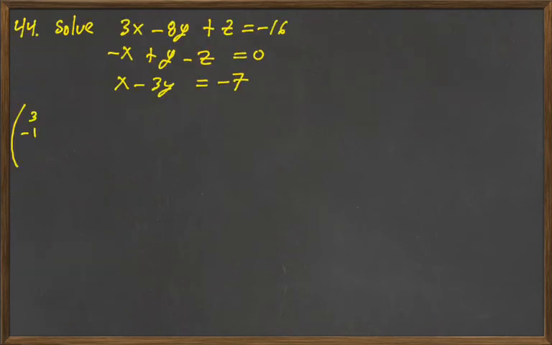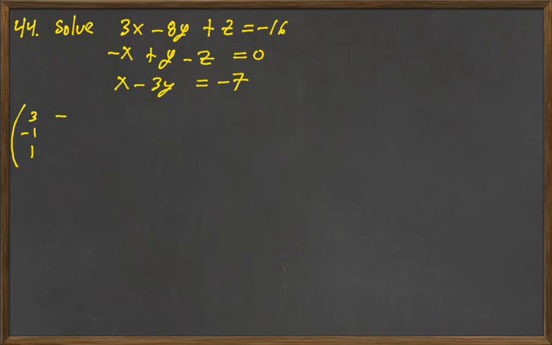Okay, so here is our big old system of equations. We're going to solve 3x minus 8y plus z equals negative 16, minus x plus y minus z equals 0, x minus 3y is equal to negative 7. So what we're going to do first is put in our coefficient matrix. Doing the x's, that would be 3, negative 1, and 1.